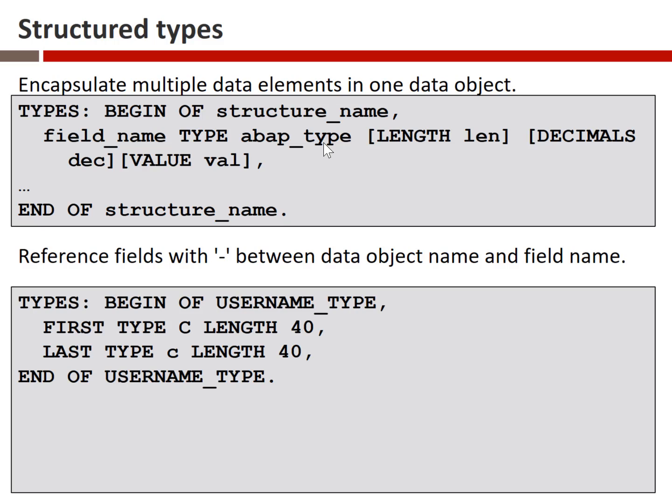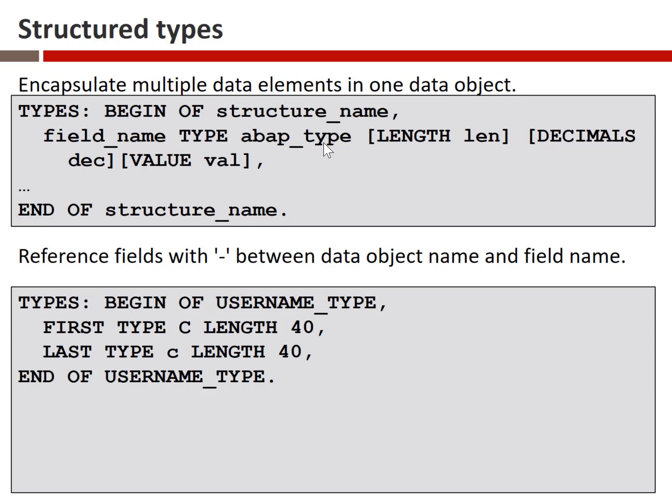Types, here's a simple one. Username. Types begin of username type. And by the way, that convention is one that I like to use there for my type naming. I just give it a name and then underscore type. So types begin of username type. First, okay, so what's that? First is now the name of a field.